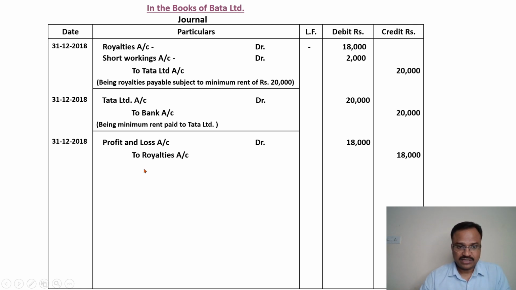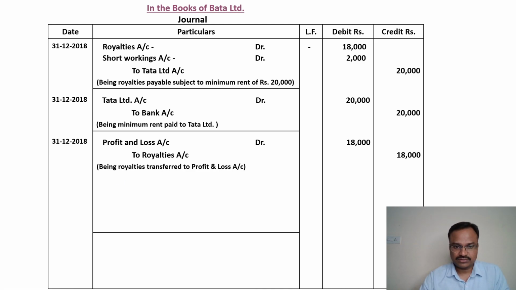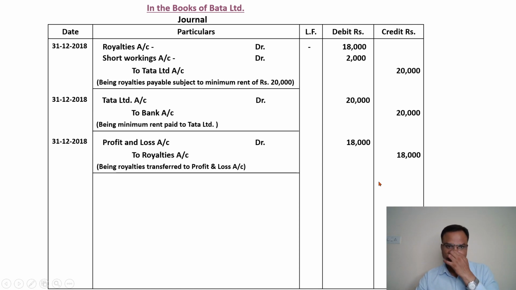Okay, so here profit and loss account debit to royalties account and the narration is: royalties transferred to profit and loss account. Okay, so in this way we have to pass these three entries for each year.